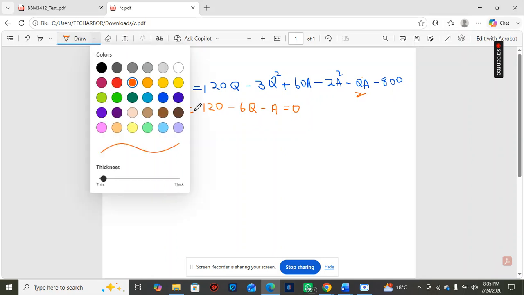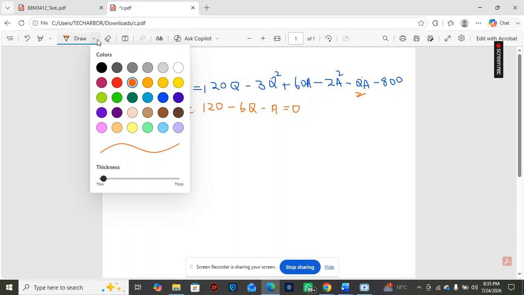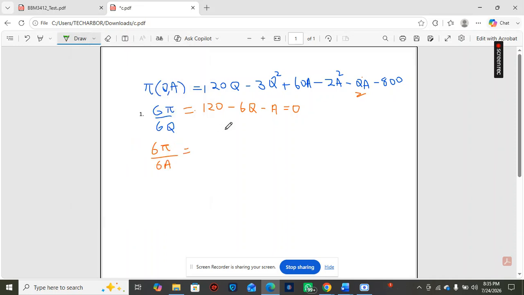Next, we'll derive our profit function with respect to A now. Meaning any term that doesn't have an A, we ignore. So we ignore this 120Q and this 3Q squared. This 60A, when we derive it, becomes 60.